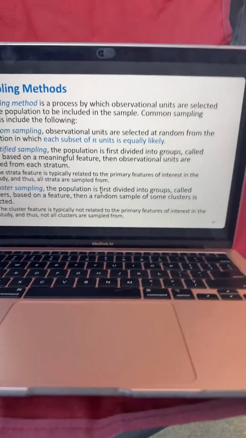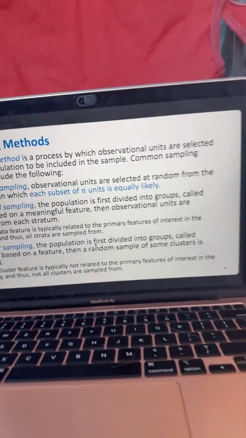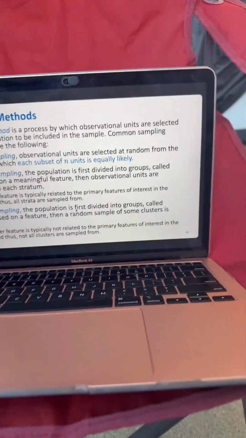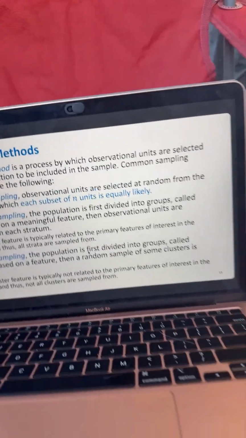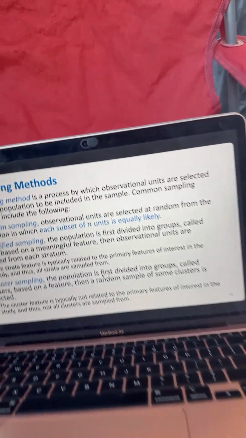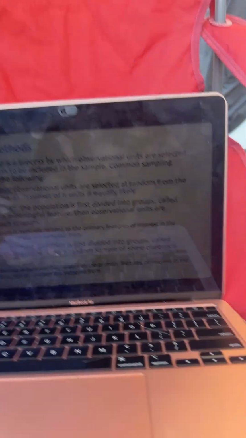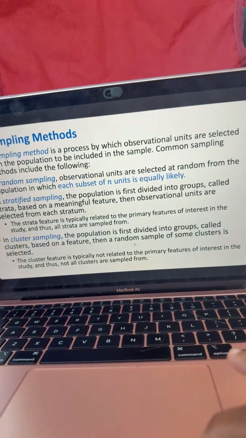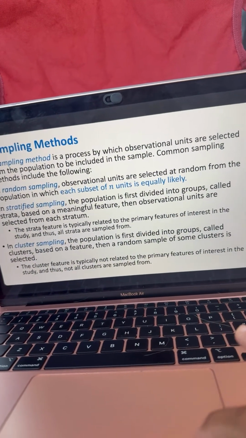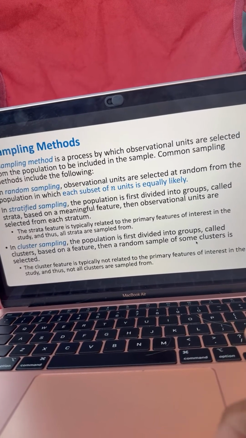The strata feature is typically related to the primary feature of interest in the study, and thus all strata are sampled from. In cluster sampling, the population is first divided into groups called clusters based on a feature, then a random sample of clusters is selected. So you first divide them into groups, or clusters, based on a feature. Then a random sample of some clusters is selected.